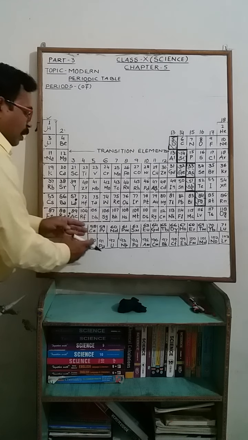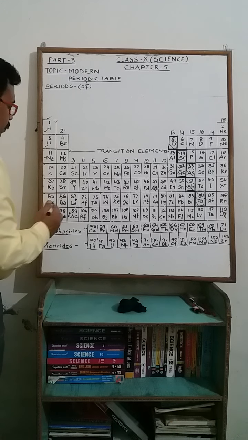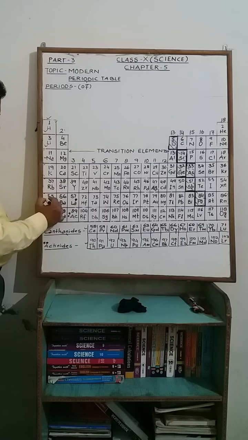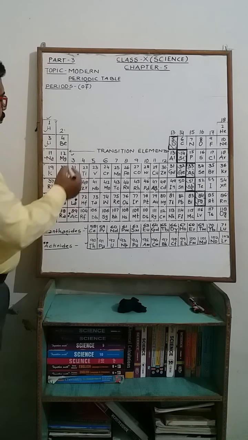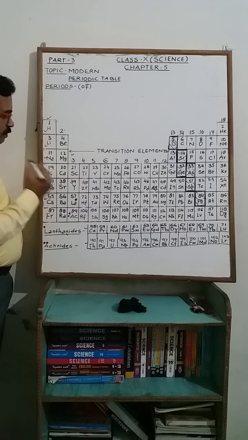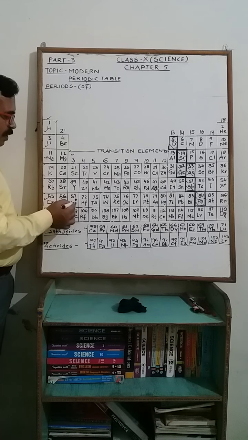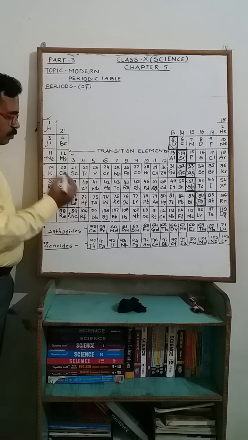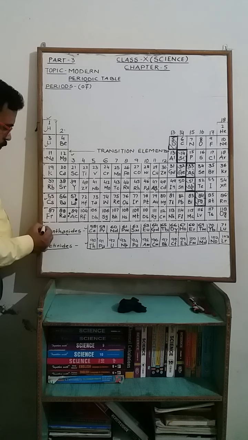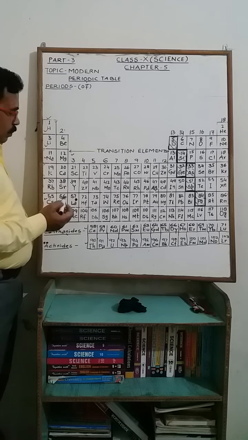These elements are separately placed because, now move on, period 6 and group 3. In period 6, this one is cesium, barium, and this one is lanthanum. An asterisk mark I have made here. Why?